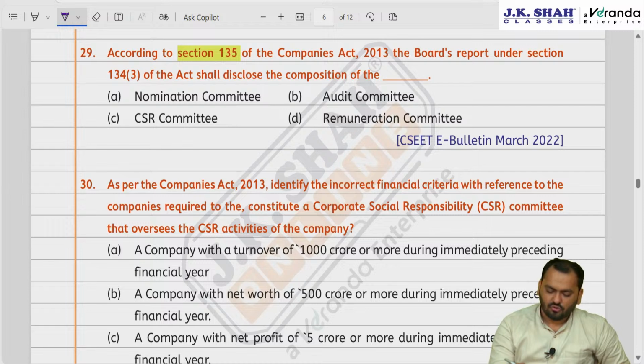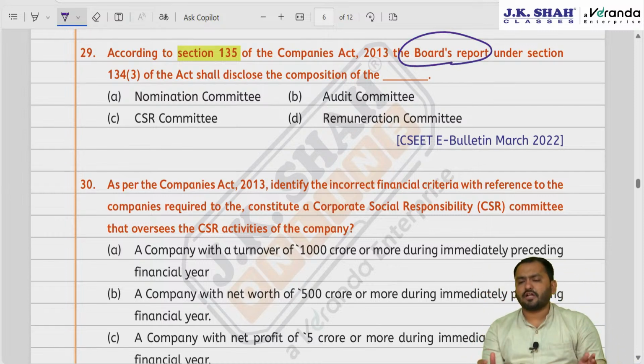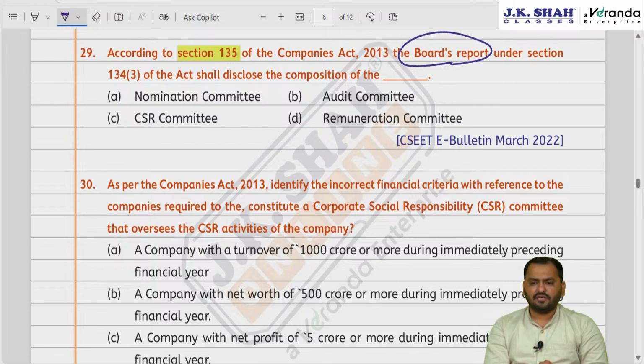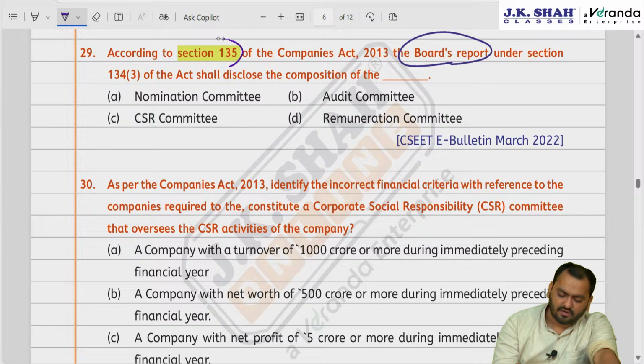The board report of the company for every financial year is prepared, and many disclosures are given in the board report. One of the disclosures under 135 is the CSR committee.